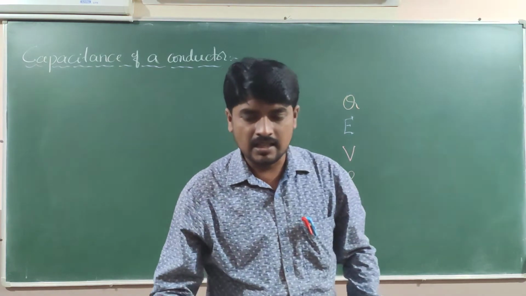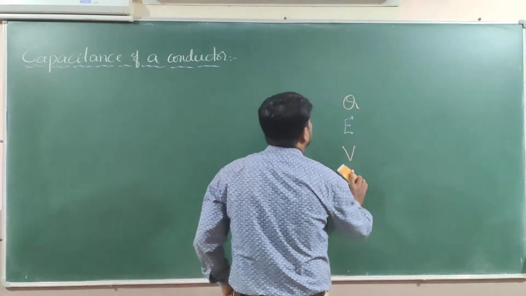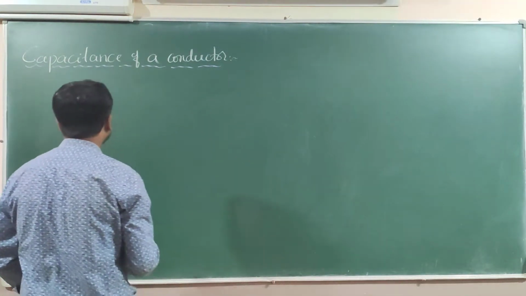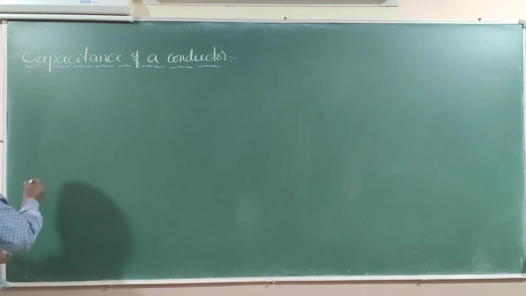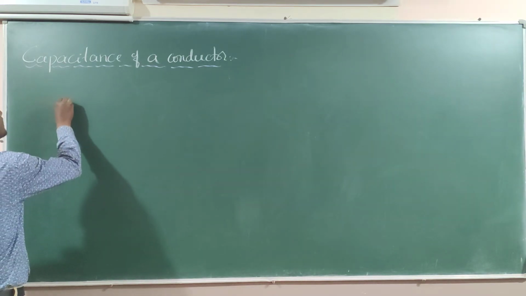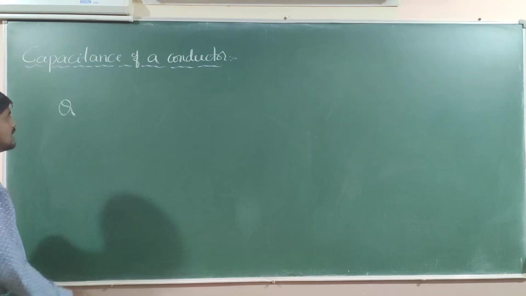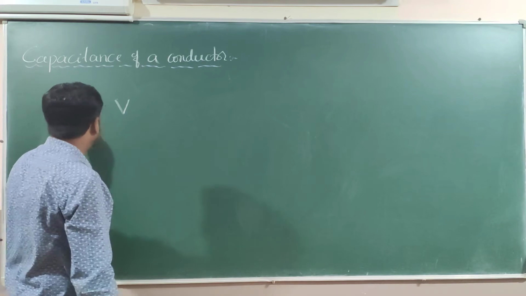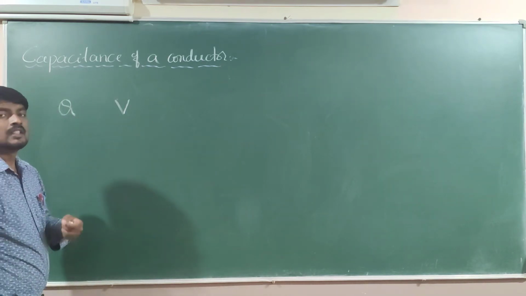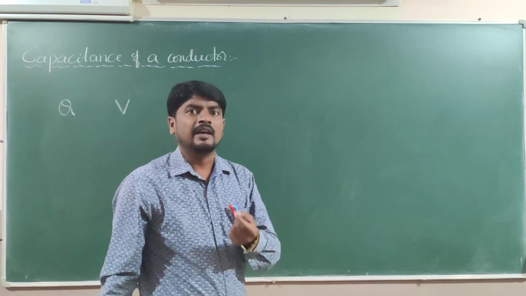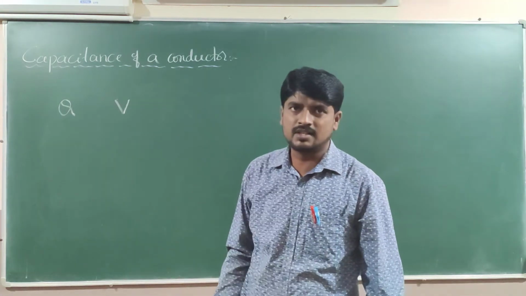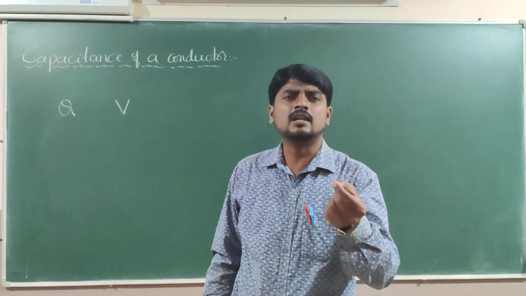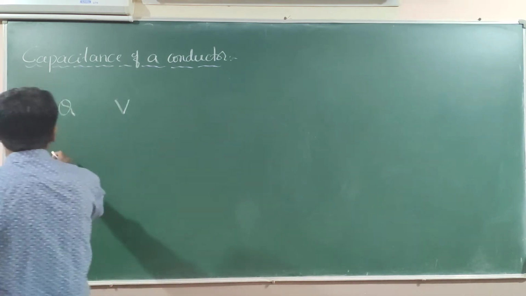To understand this concept in a broader way, let us discuss it step by step. Look at this. If there is a charge, there is a potential, and right now I am neglecting E. Now to this charge, I am going to add a little bit of charge in installments, say a small dq.